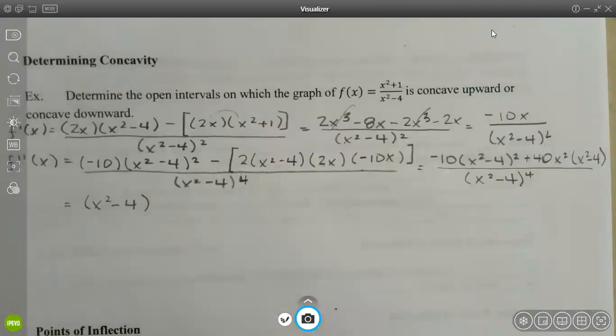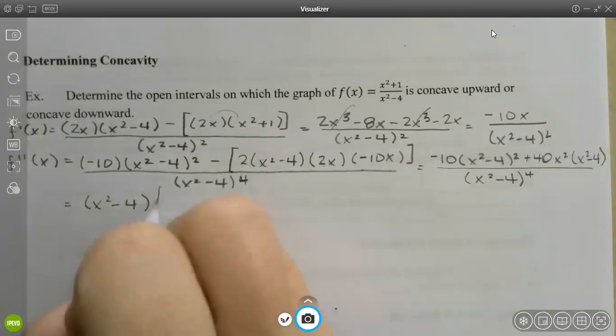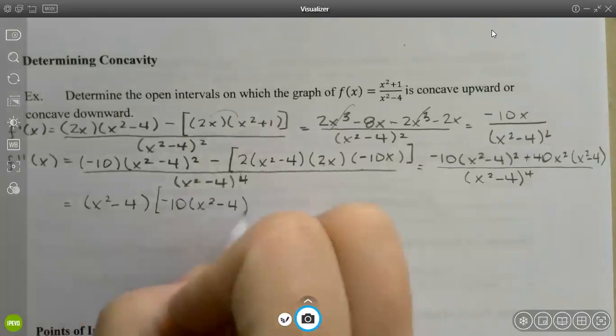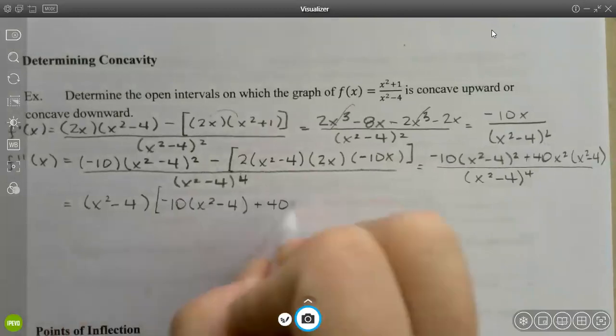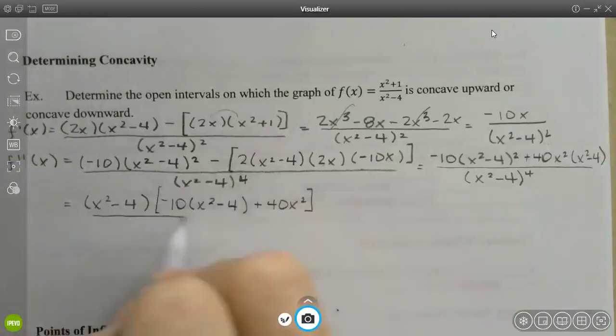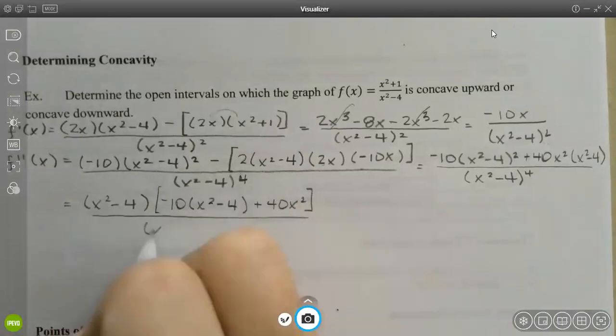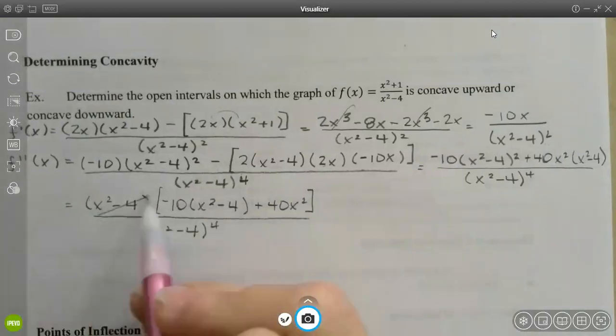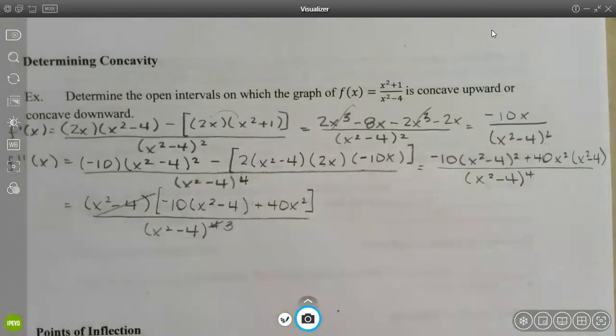Everybody okay? That leaves me with negative 10 times x squared minus 4, plus 40x squared, over x squared minus 4 to the 4th. Your x squared minus 4, one of them will cancel out, and that'll change to cube on the bottom.